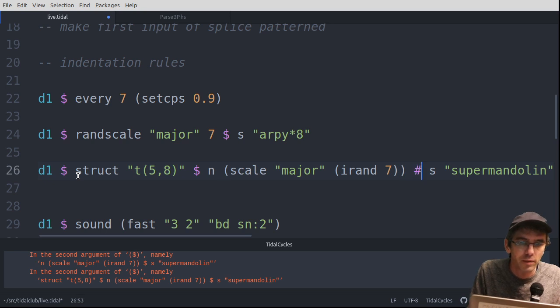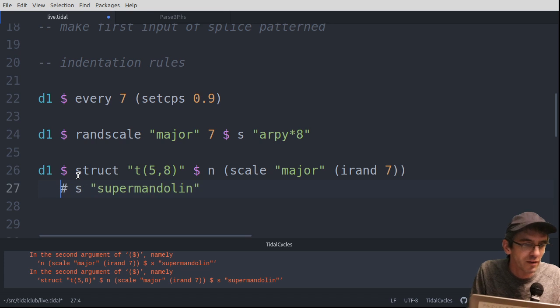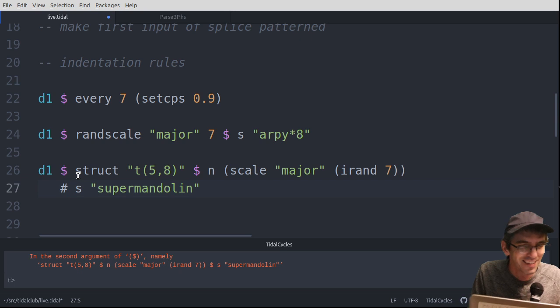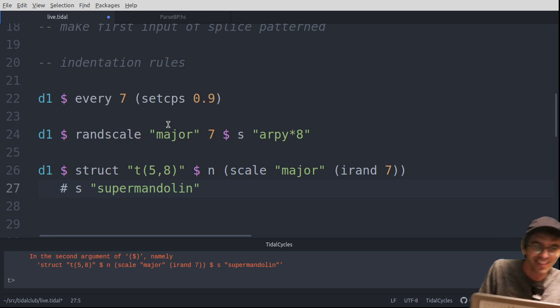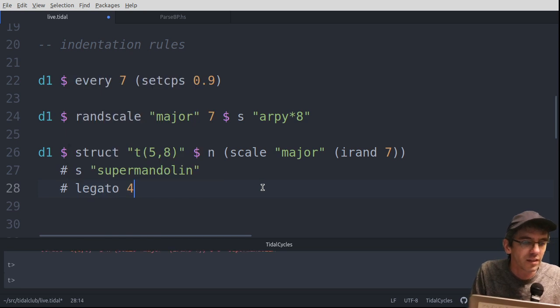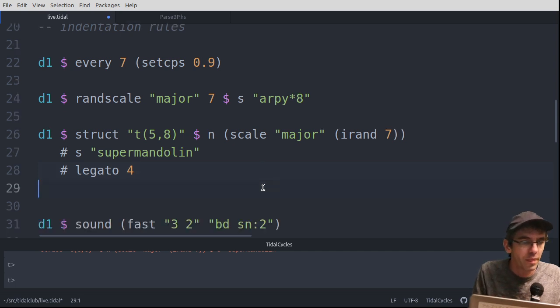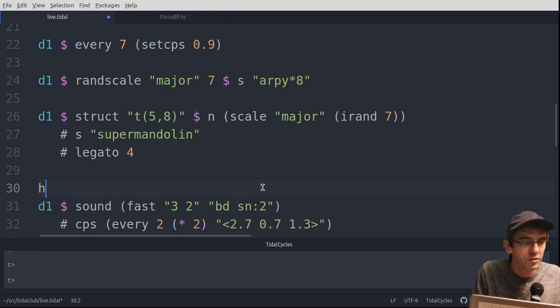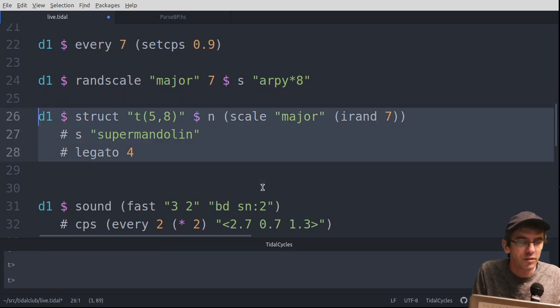And we've been talking about confusing dollars and hashes, and I've just done it myself. So that's how to do a random number within a scale.